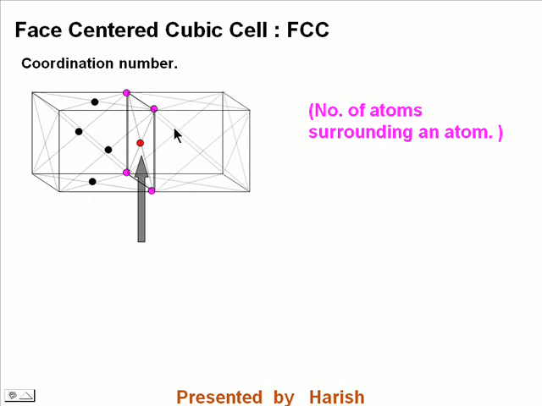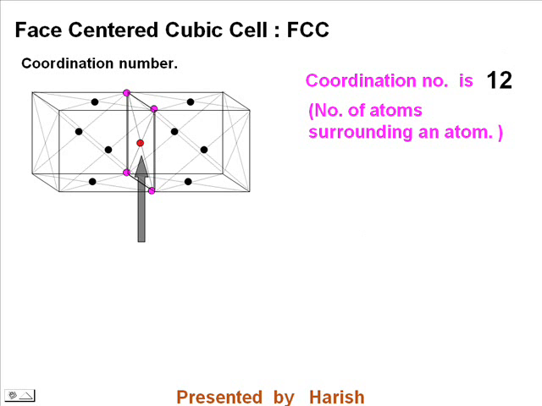Let me extend this particular unit cell. Adjacent to this, I have one more unit cell, and it also has 4 atoms at the centers of these faces. So in total there are 4 plus 4 plus 4, 12 atoms that surround this particular red one, and so the coordination number is 12.